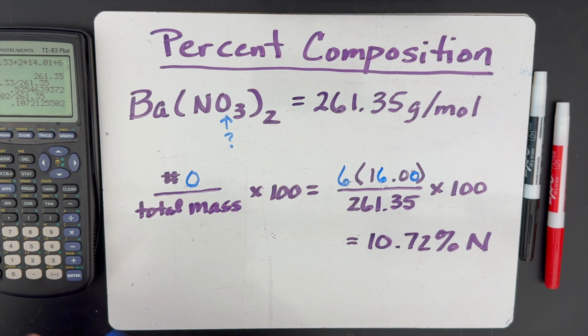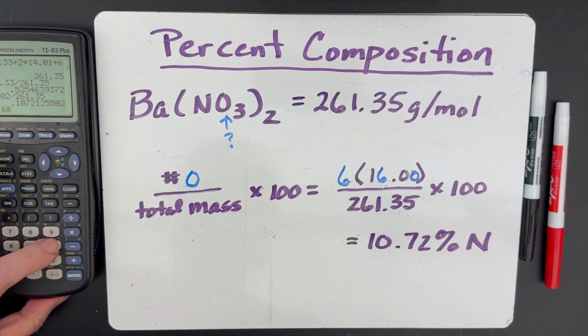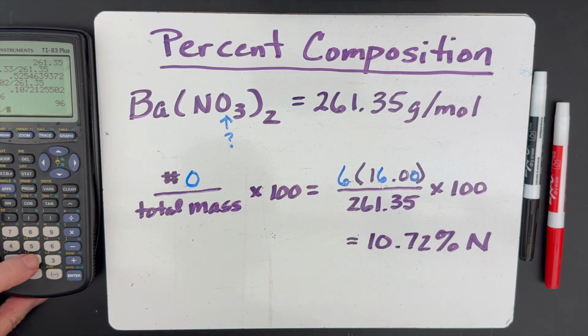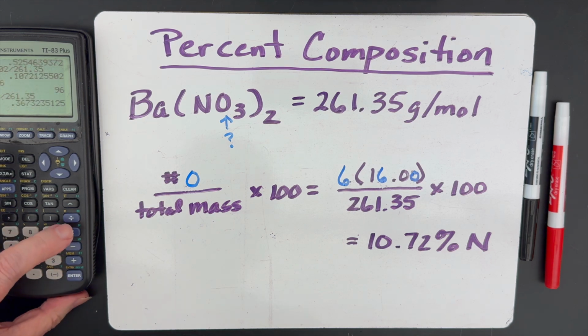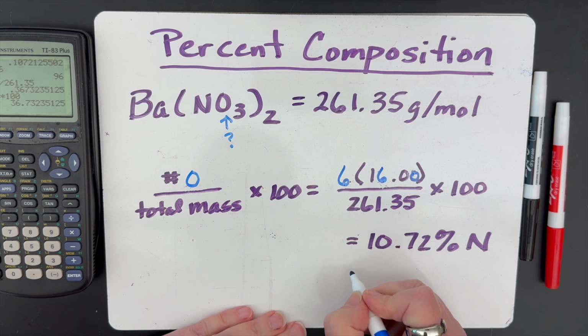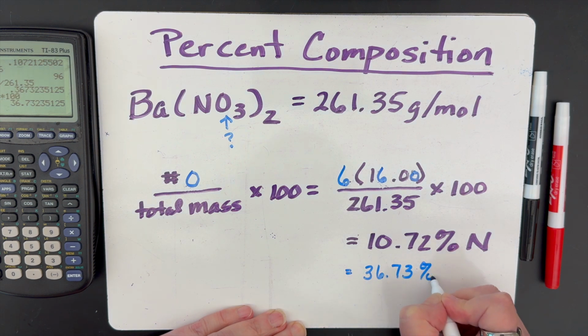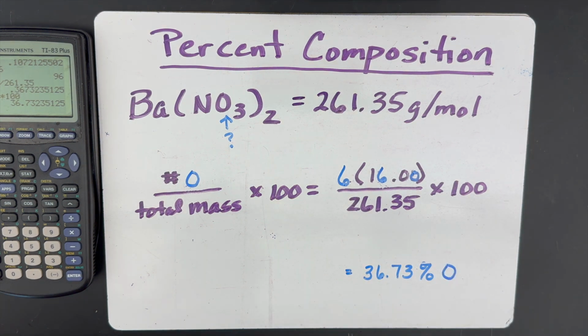The mass of the whole thing stays the same, and our times 100 stays the same. So we have 6 times 16 divided by 261.35 times 100. So that is 36.73%. And you can do that for any element in any compound.